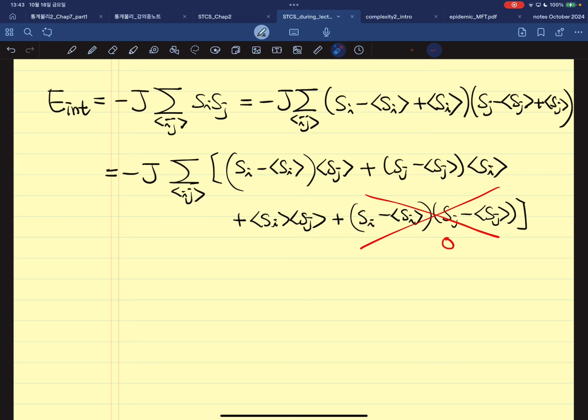And another thing is that let's assume that the average of Si is replaceable with the average magnetization variable m, and the same for Sj.